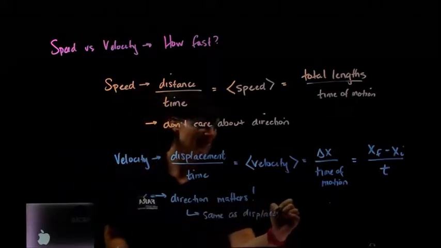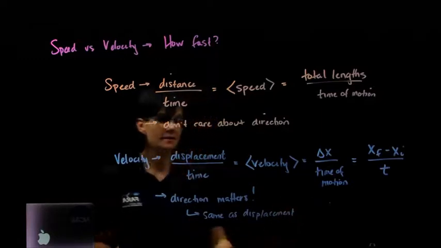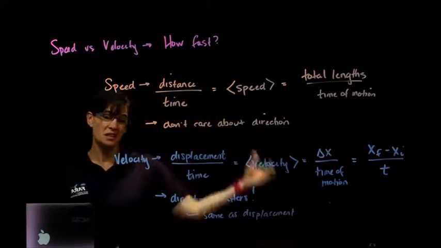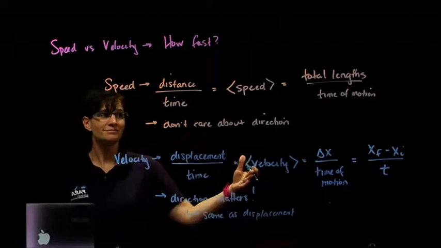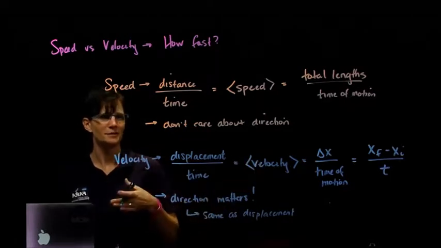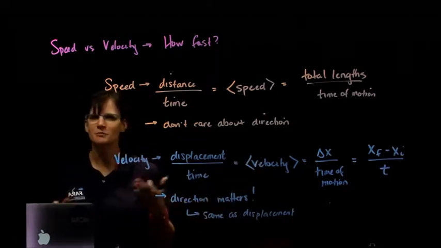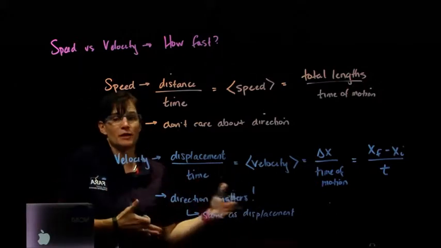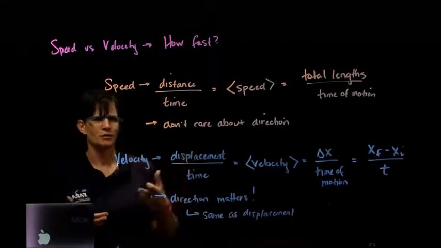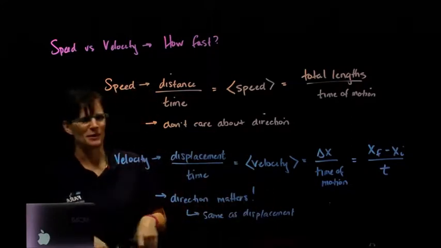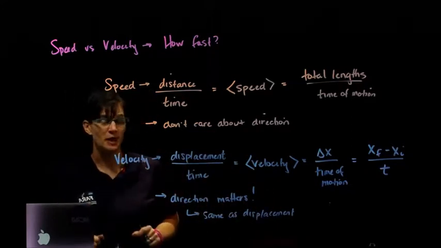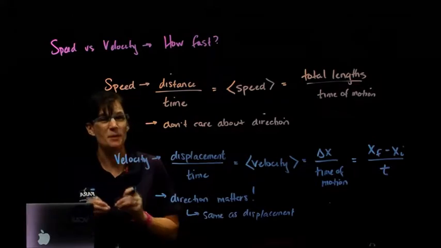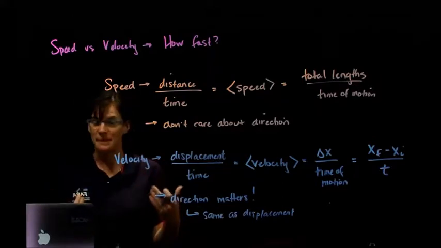And this should make some sense, hopefully, because if I'm moving to the right, then I'm going to end up to the right of where I started. So they should sort of connect to each other. The direction of motion, the direction of how fast I'm going, the moving part, should correspond to where I end up relative to where I started. So direction matters. And if we have direction, we got to be thinking about what those directions mean.